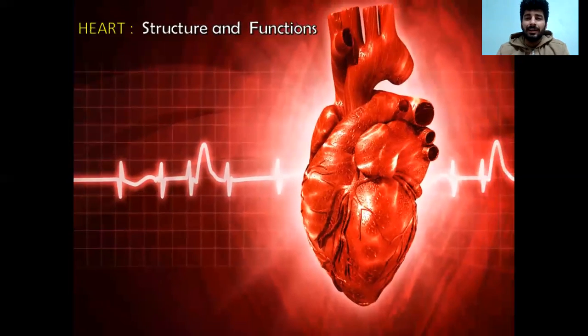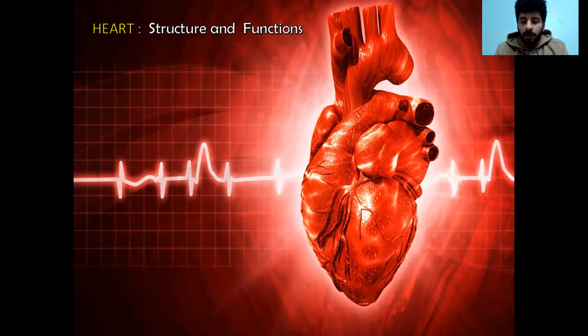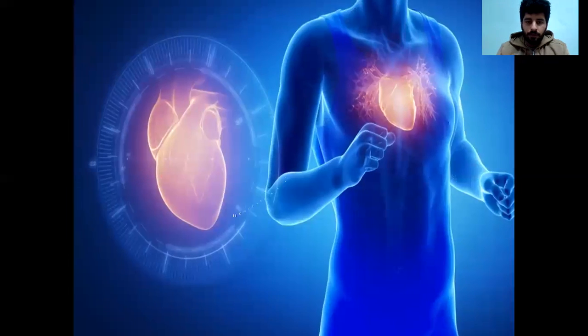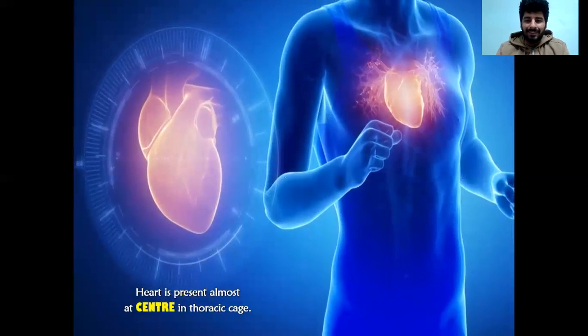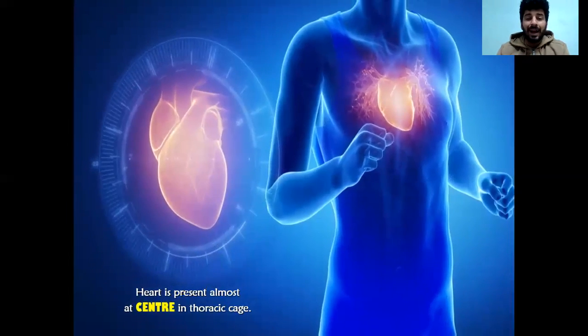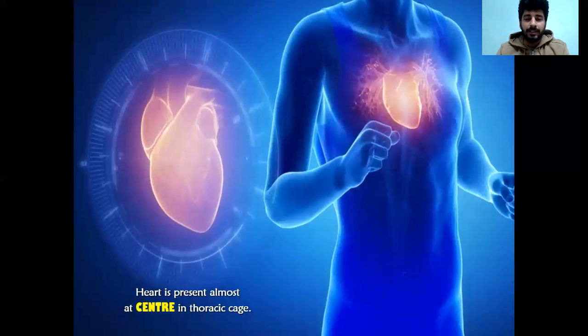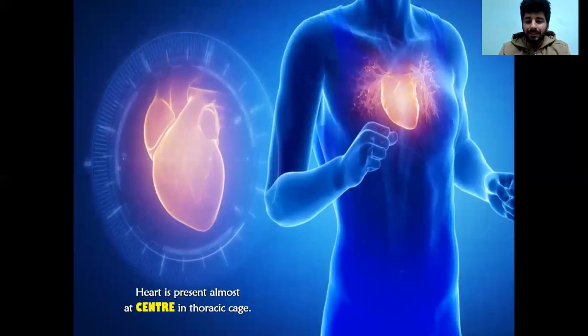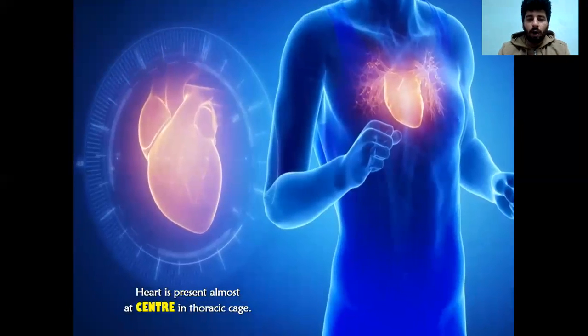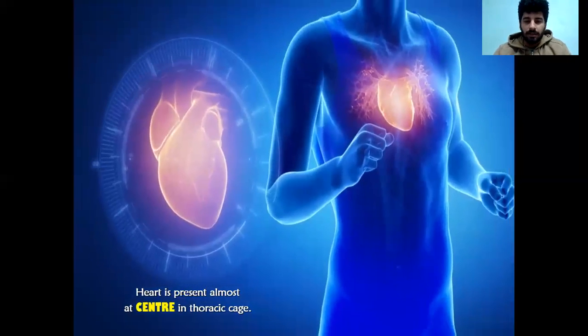Now first, let's focus on the heart, how it looks, what its functions are. When we talk about the heart, the first confusion that we have is that the heart is situated on the left side of our chest, which is absolutely wrong, because it is almost at the center of our thoracic cage.